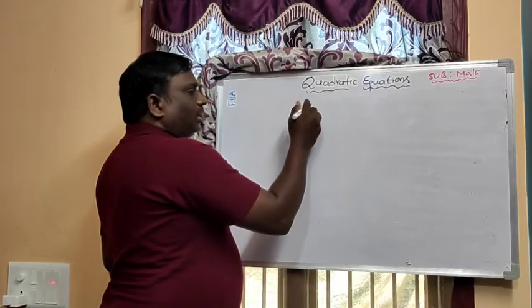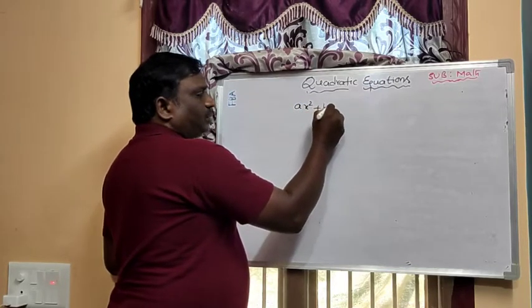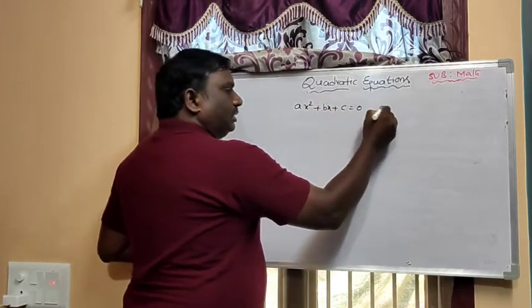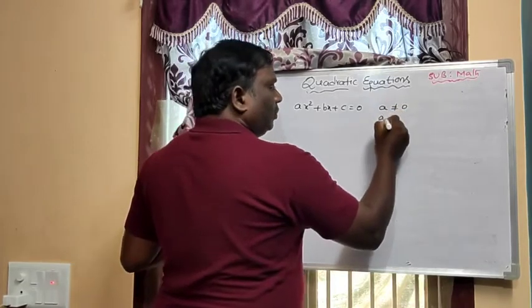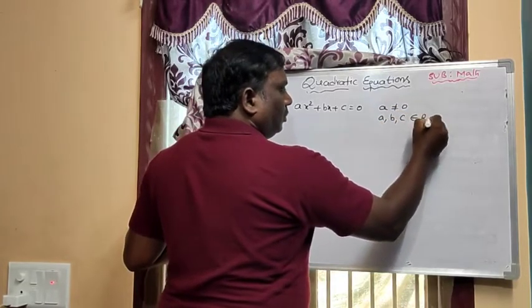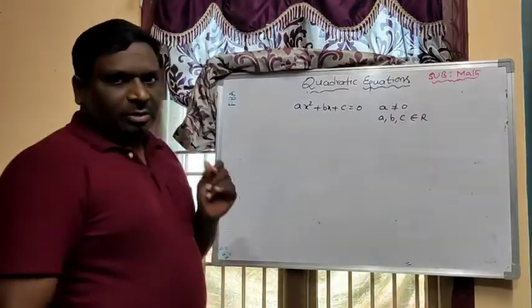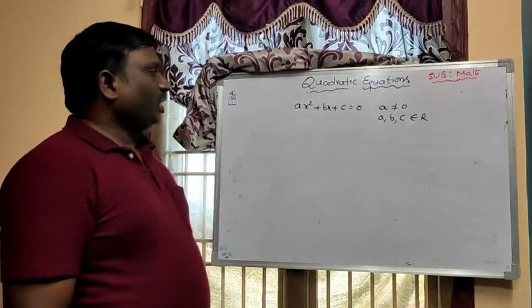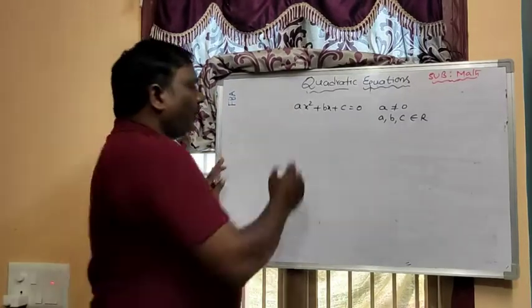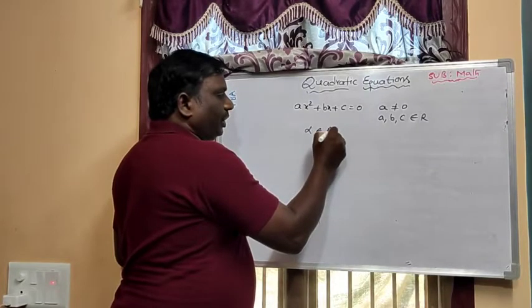We can recall it as ax square plus bx plus c equal to 0, where a is not equal to 0, and a, b, c belong to real numbers. Let us take alpha as any real number.